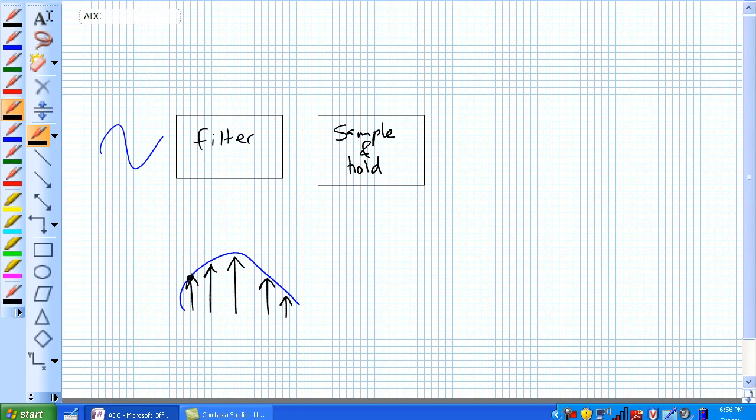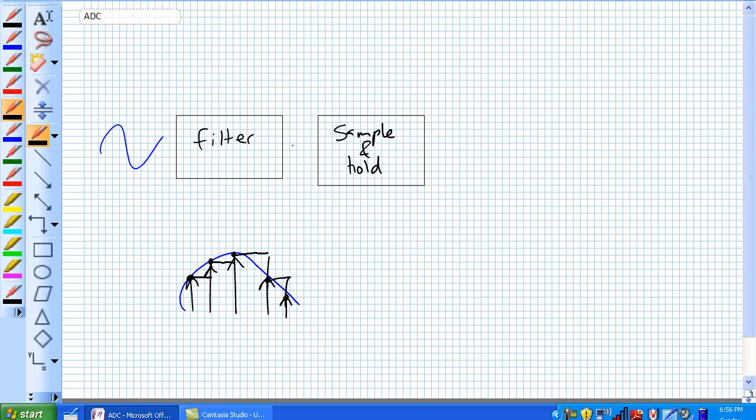We're sampling it at that value, and holding it at that value until the next sample comes along. That's the basis of sample and hold. For all intents and purposes, it stays at that value that you looked at until you look at it again.